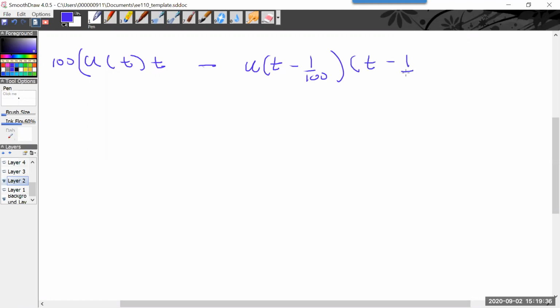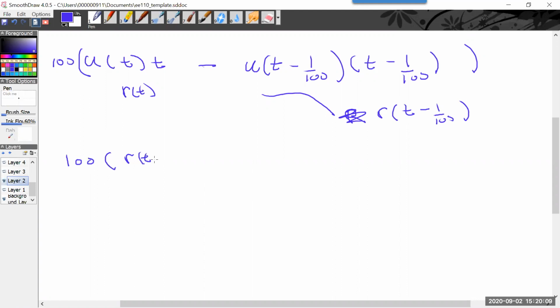T divided by 100. All right, which I like to put in like ramp format. All right. Okay, so now what that is we have 100 here minus r of t delayed by 100. All right.